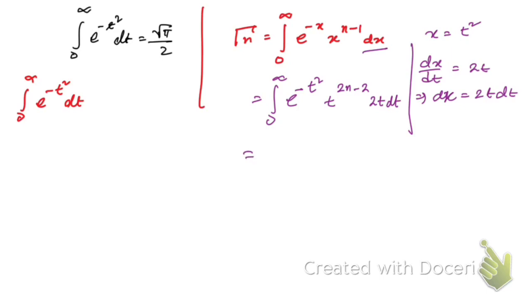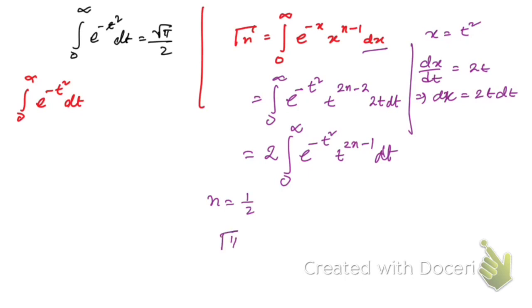Then this 2 is a constant taken outside, so here e to the power minus t square, t to the power twice n minus 2, into this t, the power on t is 1, so we have plus 1 here, that gives minus 2 plus 1 minus 1, dt. So let us put n equal to half now.